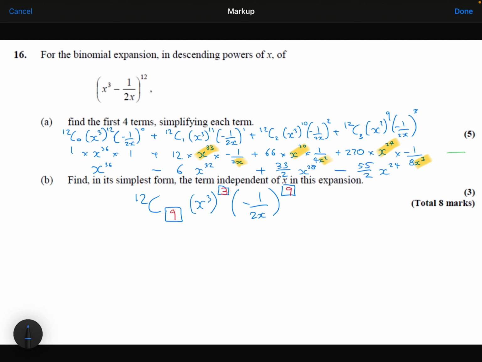So 12c9 is 220. Like I said, (x cubed) to the power 3 is x to the power 9. Then we've got (minus 1 over 2x) to the power 9. Now 2 to the power 9 is 512.